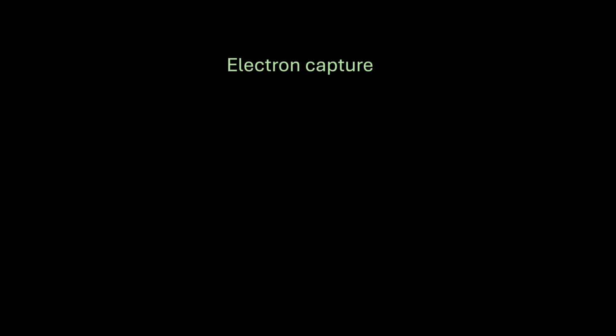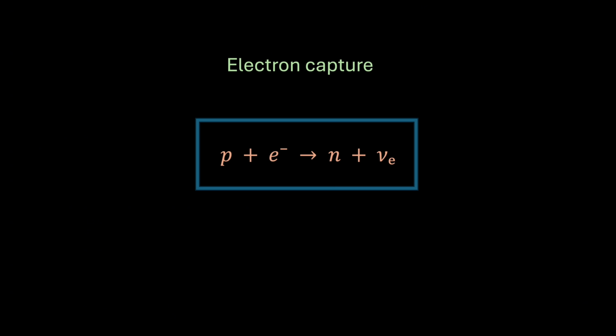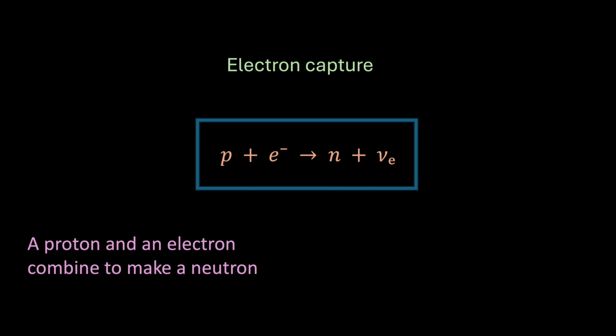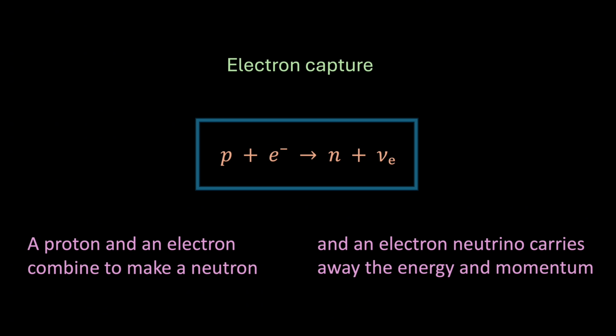In this process, a proton in the nucleus captures one of the atom's inner electrons. We can write this process in the following way. This is telling us that a proton and an electron combine to make a neutron, and an electron neutrino carries away the energy and momentum. And this process is due to the weak interaction.